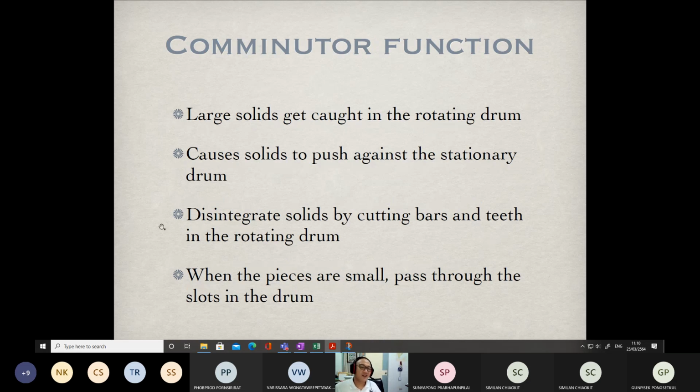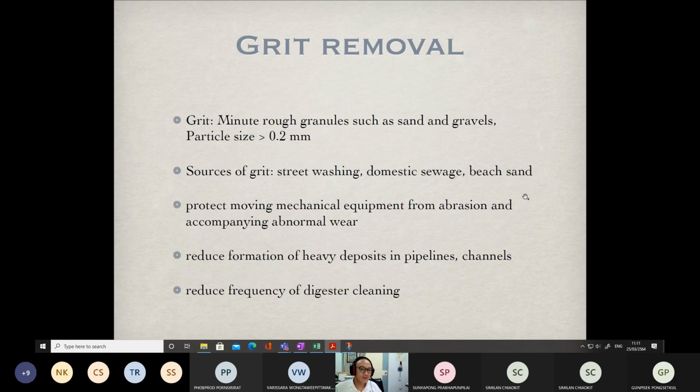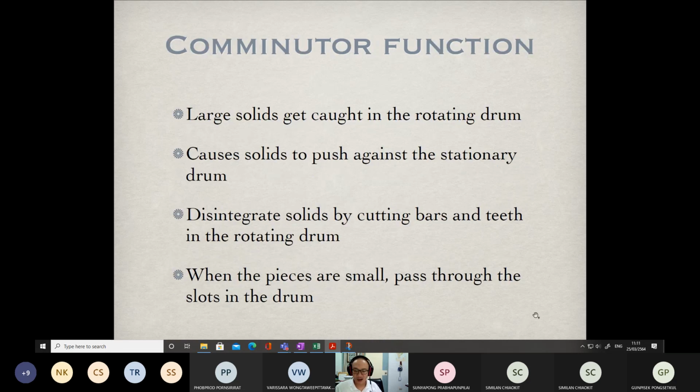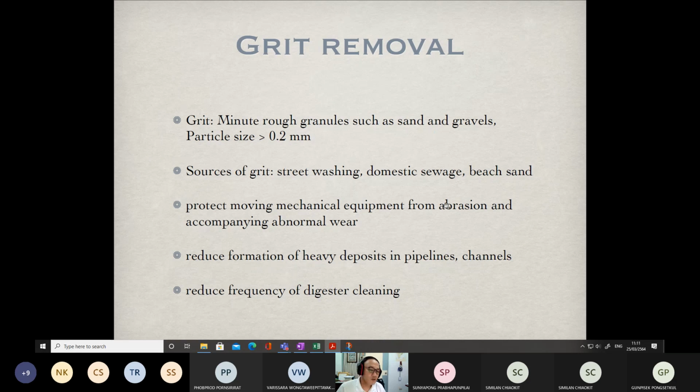Okay, these are the explanations of how the comminutor works. You can have a look at the figures. It is basically the same as I have just mentioned. Then we move to the next unit operation called grit removal or the grit chamber.